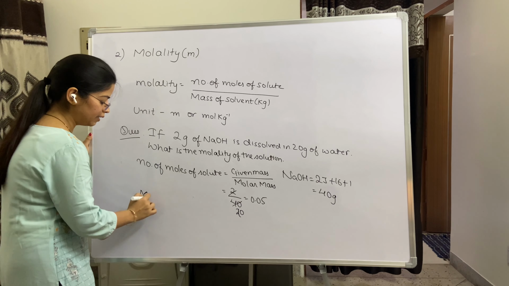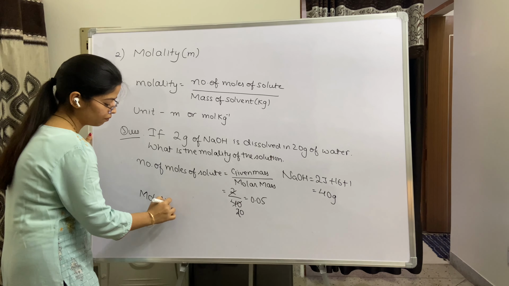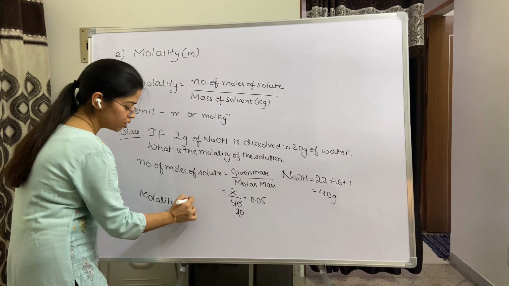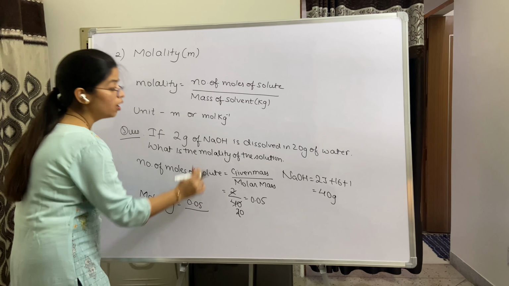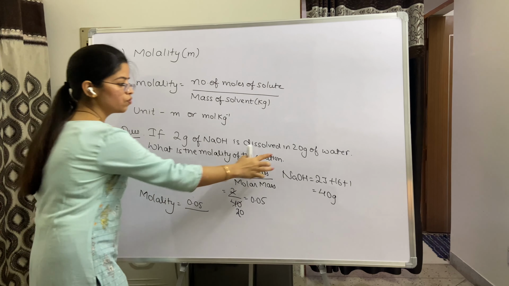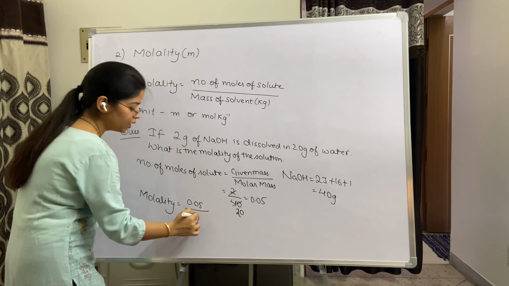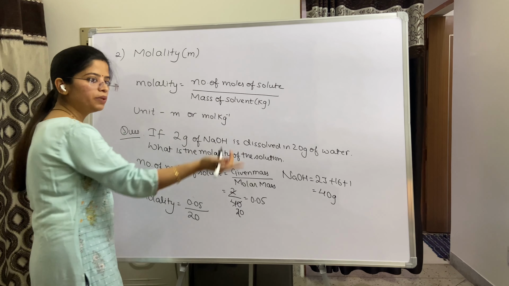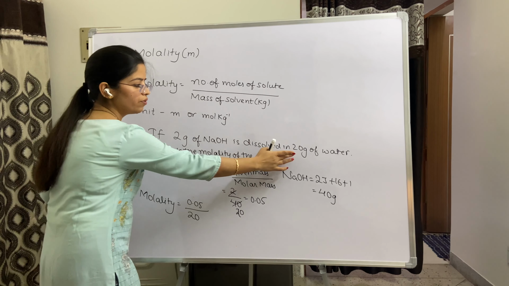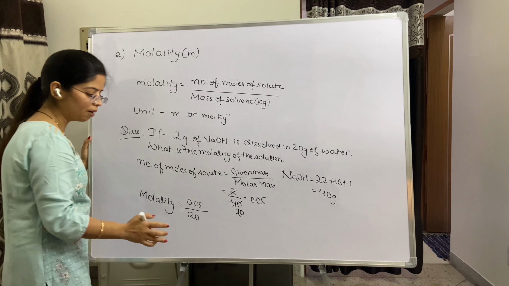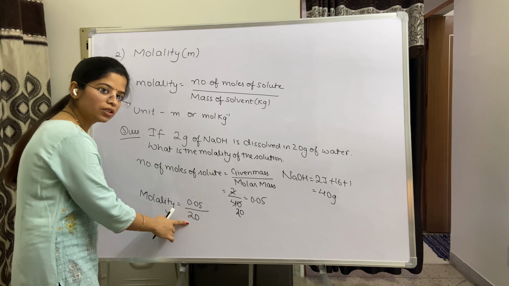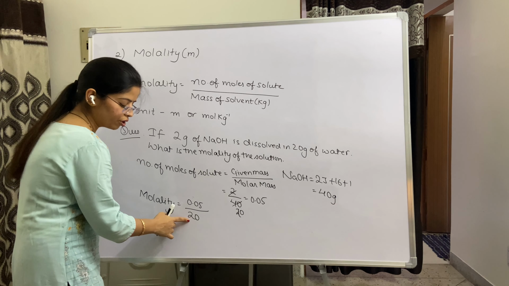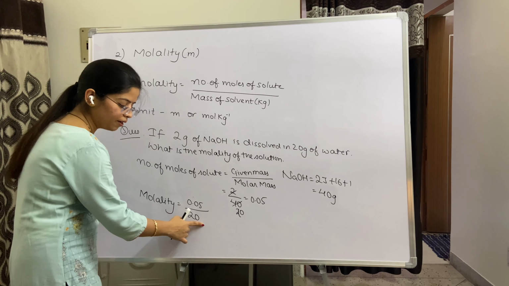Now molality is number of moles of solute, which is 0.05, over mass of solvent, which is 20 gram. But according to the formula, the mass of solvent should be in kg, and in this case we have it in gram. So we have to convert gram to kg by dividing by 1000.